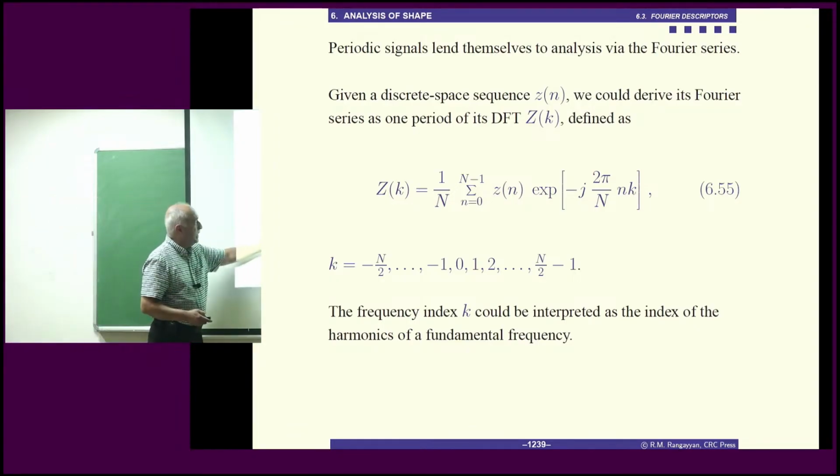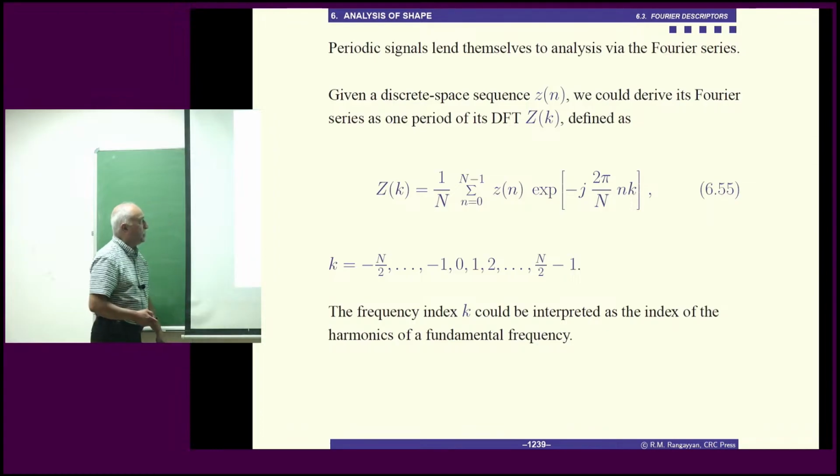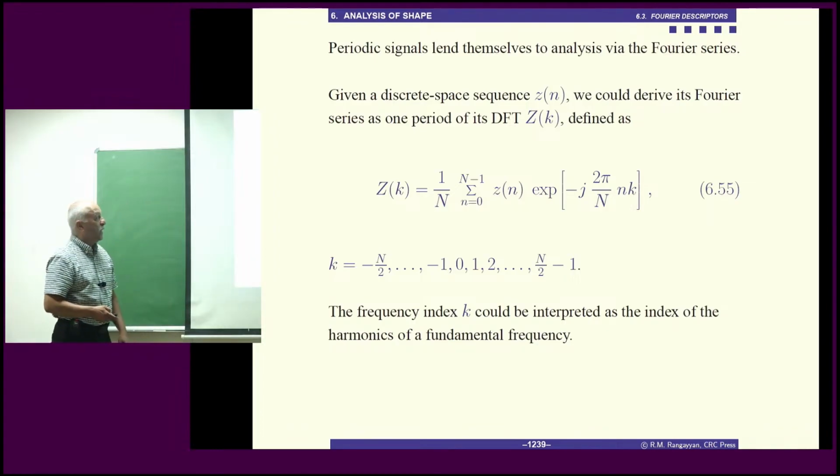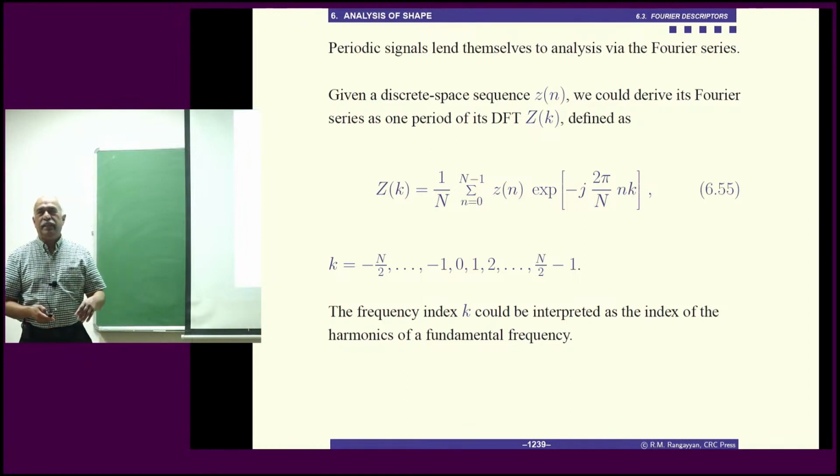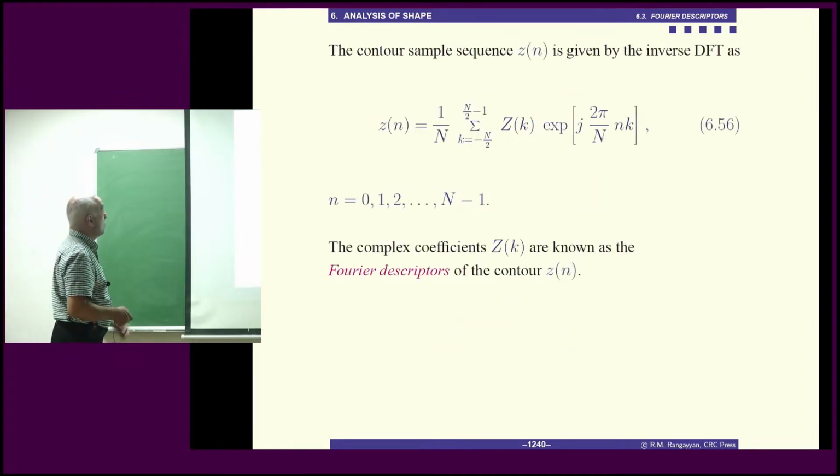So the frequency index k is interpreted as the index of the harmonics of a fundamental frequency, having one period of a sinusoid or two periods and three, and so on around the contour. The inverse is given by zn, with k going from minus n over 2 to plus n over 2.